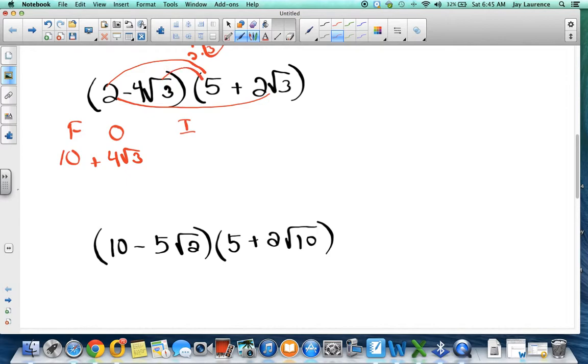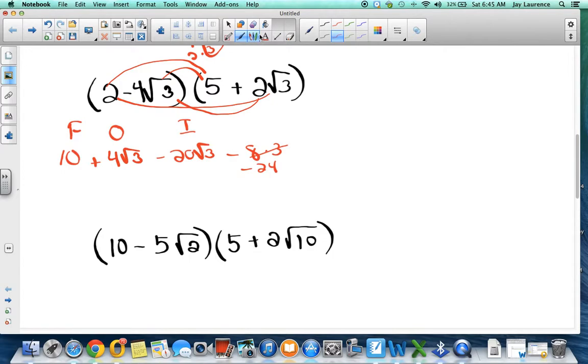My inners are going to be negative 4 rad 3 times 5. Well, that's going to be a negative 20 rad 3. And then finally, my lasts will be negative 8 times 3, or better yet, negative 24. Because negative 4 times 2 is negative 8. Rad 3 times rad 3 is 3. So I get a negative 24.